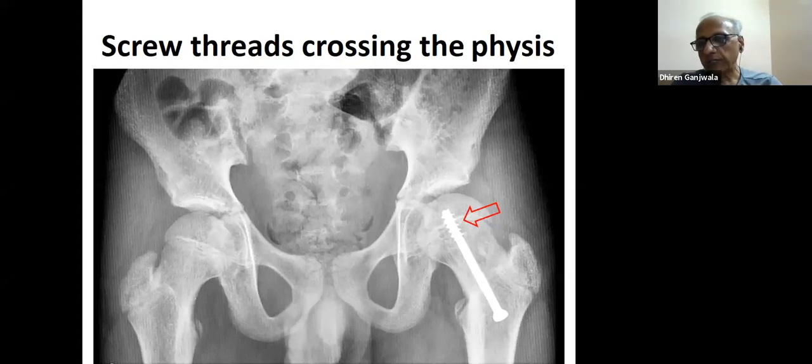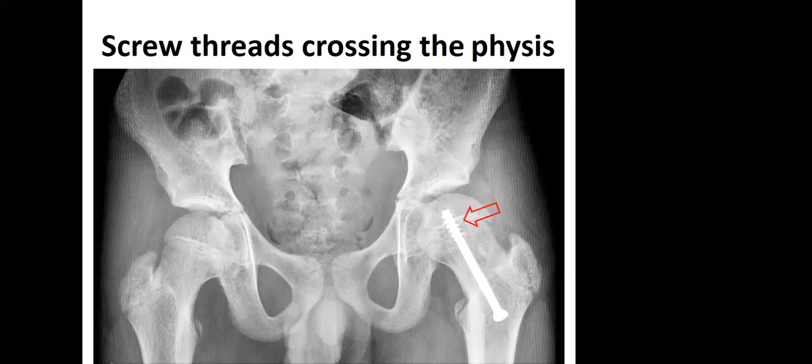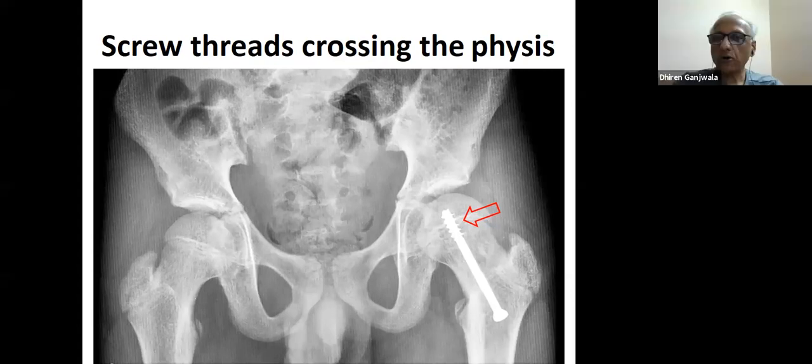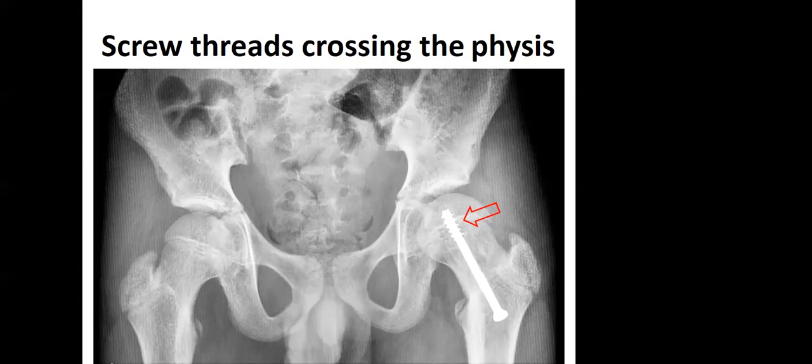Someone said fully threaded cancellous screw. Why a fully threaded cancellous screw? This is a 16 mm screw. Why do you want to go for a fully threaded screw? Ease of removal of the screw.